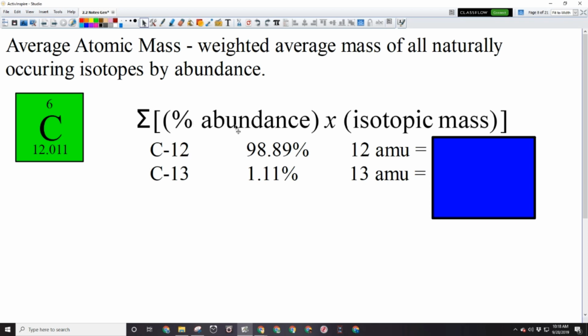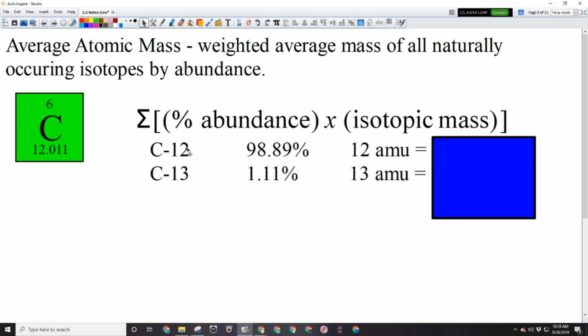So we're going to take the percent abundance. So you have to know the percent abundance times the isotopic mass of that particular isotope of carbon. So here we see carbon 12 and carbon 13. So these are whole numbers. So this has 6 protons, 6 neutrons, which gives you the number 12.